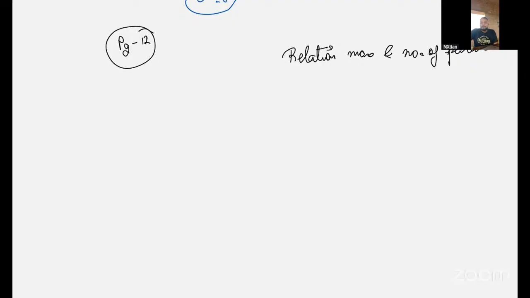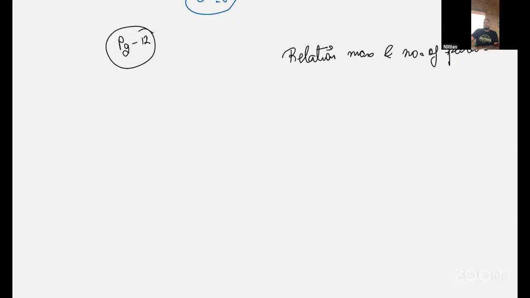Did you understand? That number is the Avogadro number. So it is 1 into the Avogadro number, which is 6.022 into 10 to the power 23 atoms.